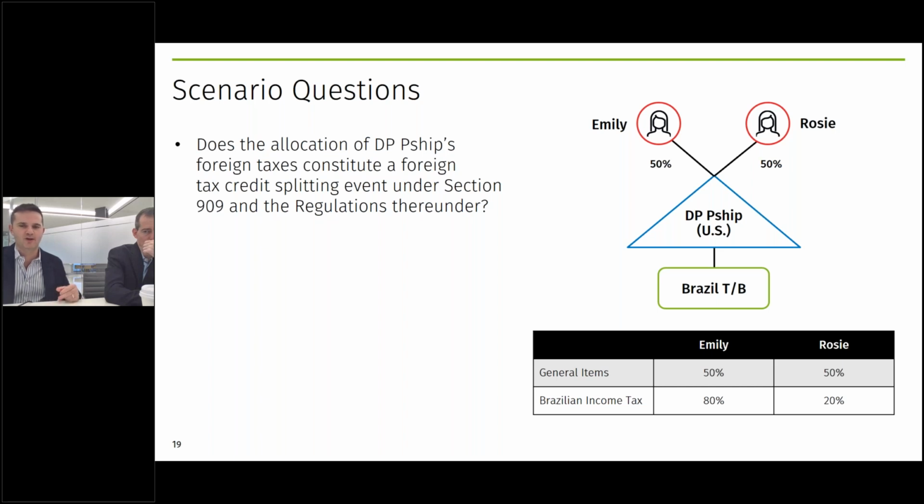So no hybrids, no interbranch transactions. We're outside of 909, and we get to just look at the special allocations on their own.